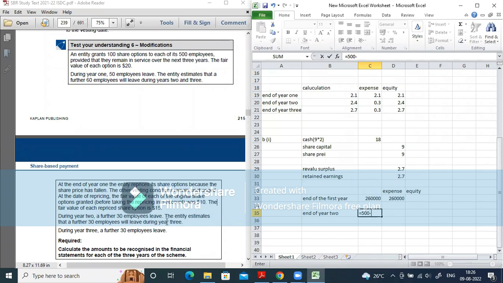First year already 50 employees left, and second year we are expecting 30 employees and a further 30 employees, into the number of share options 100, into 20, into 2 by 3.